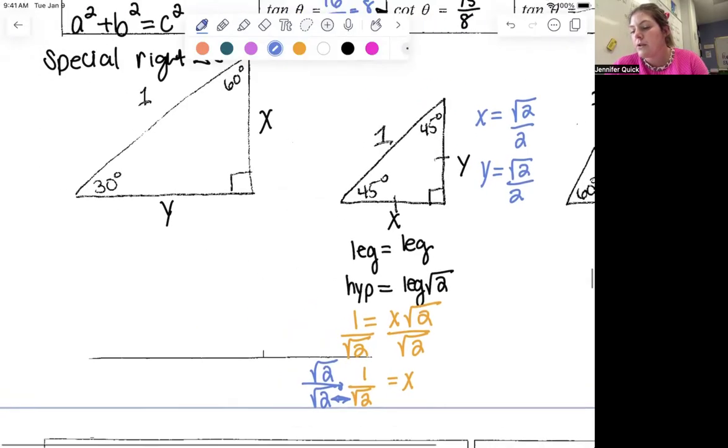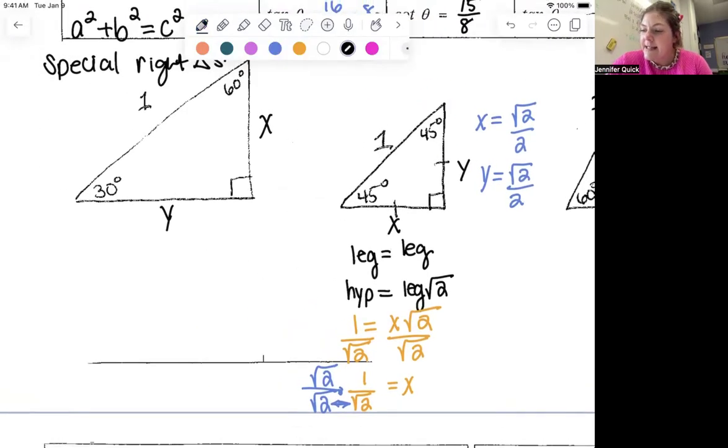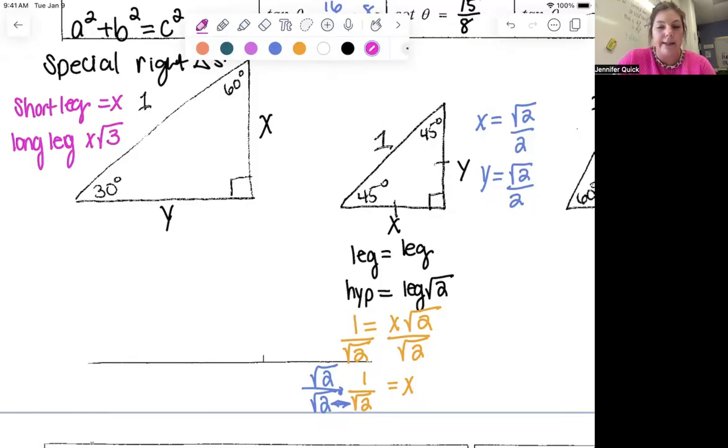Okay, cool. The next sentences from the 30, 60, 90 are that the short leg is equal to x. The long leg is equal to x times the square root of 3. And the hypotenuse is equal to 2 times the short leg, or in this case, 2 times x.